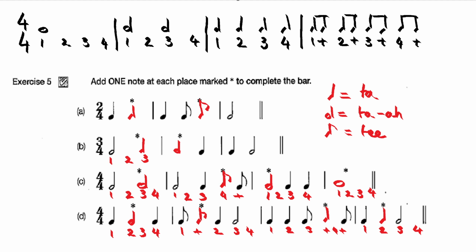So, if we count, and I perhaps tap on my thigh the beat for exercise 5D, 1, 2, 3, 4. Ta ta ta ti ti ta ta ta ta ti ta ta ta.